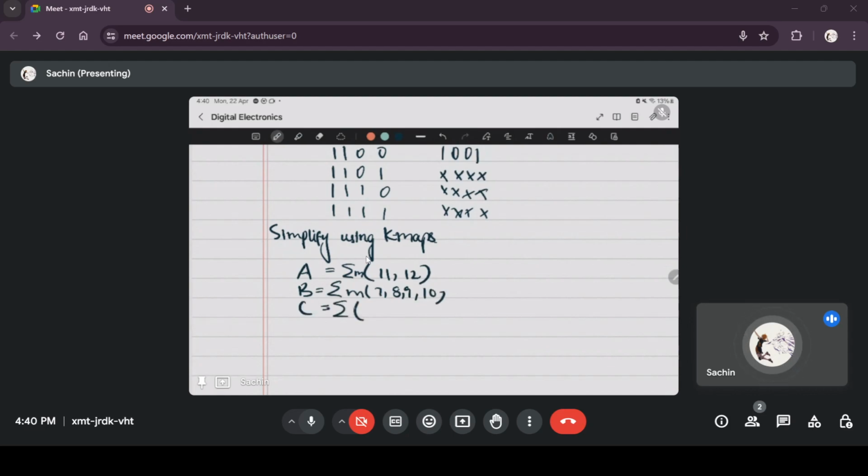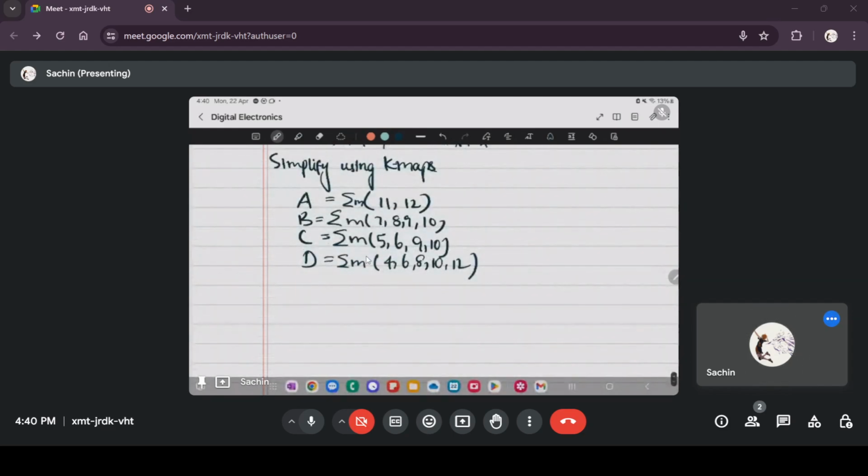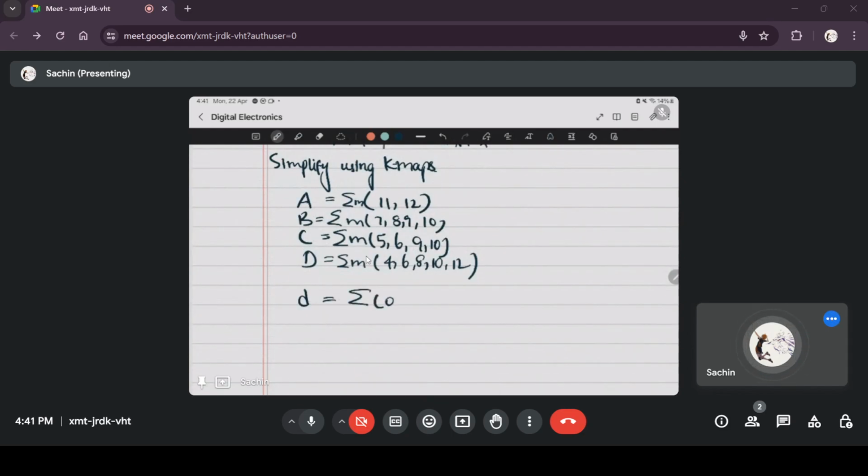C is the summation of 5, 6, 9, 10. D is the summation of 4, 6, 8, 10, 12. D don't care is 0, 1, 2, 13, 14, 15.